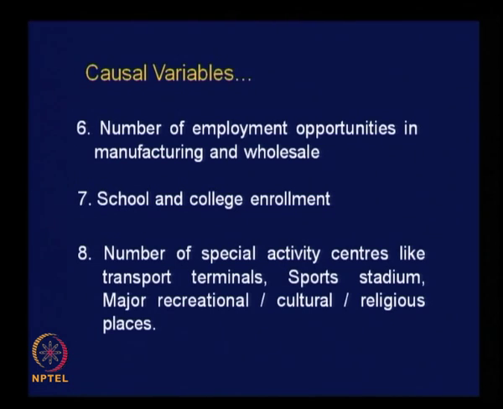If such activity centers are located in zones, you must include this fact also into your modeling process, so that ultimately you get fairly accurate value about trip attraction of a particular zone, right.